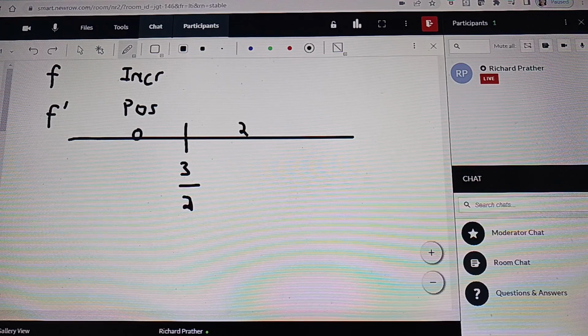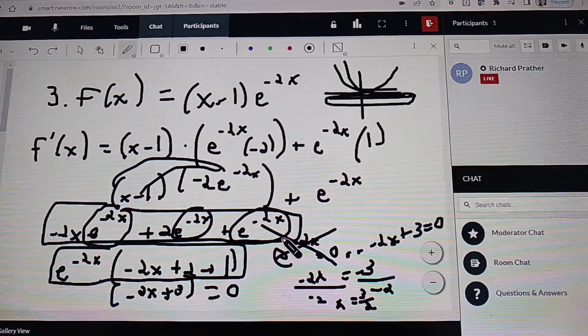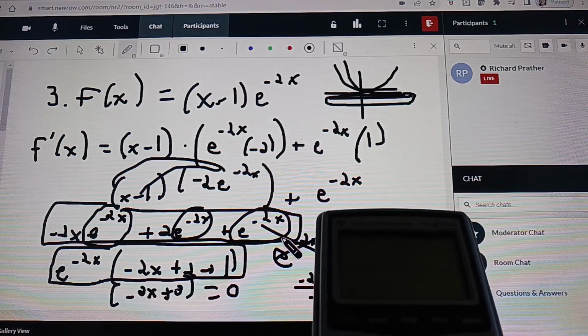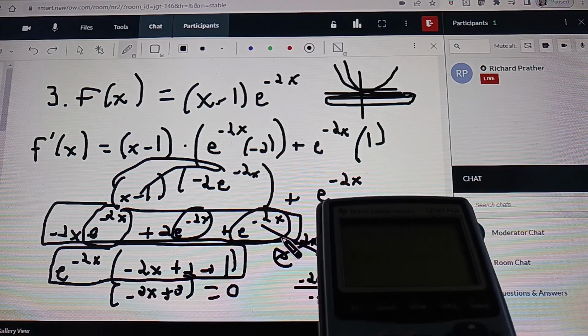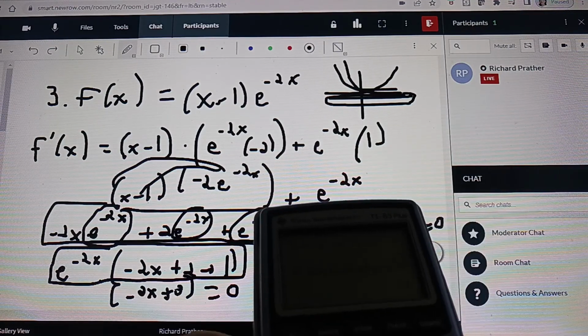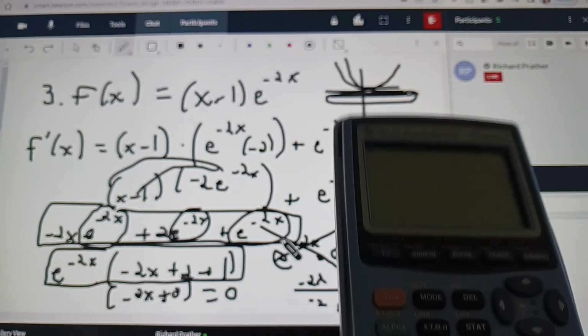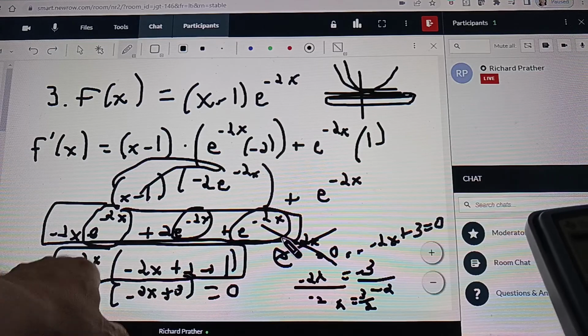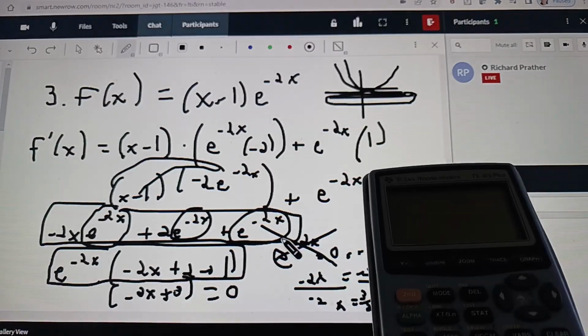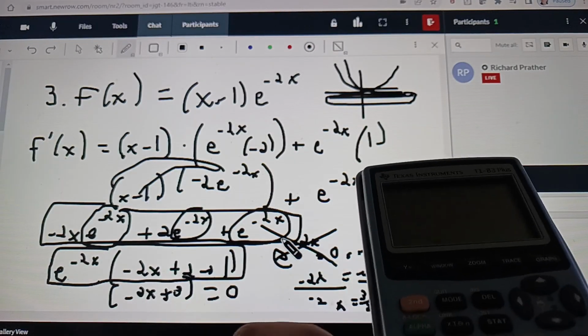So what happens if I plug 2 in? This might not come out nicely, but at least I can do it in here. If I plug a 2 in right there, the exponent will be -4.